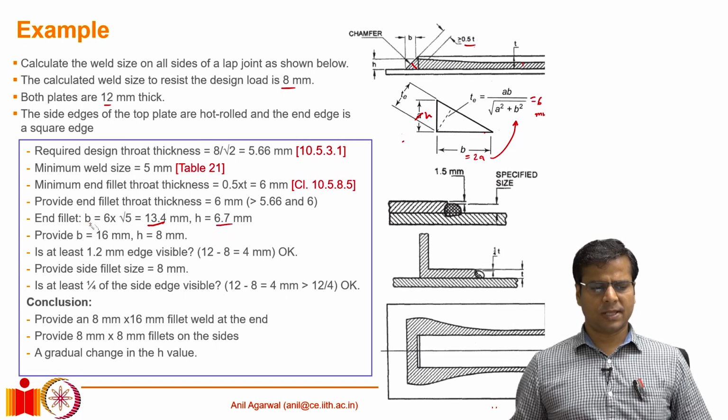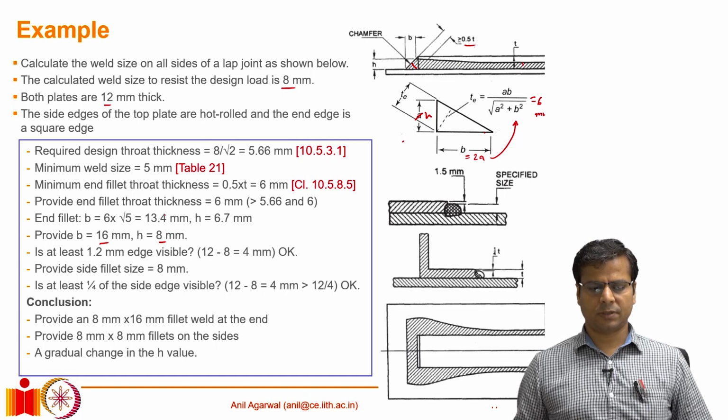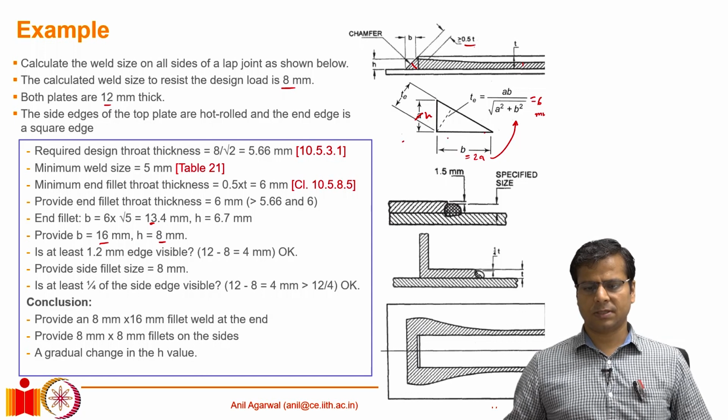To be slightly conservative, we can take H as 8 millimeters and B as twice that size, that is 16 millimeters, which is significantly higher than the minimum requirement. So the B value is 16 millimeters and the H value is 8 millimeters, and of course that will satisfy the requirement of the minimum throat thickness.